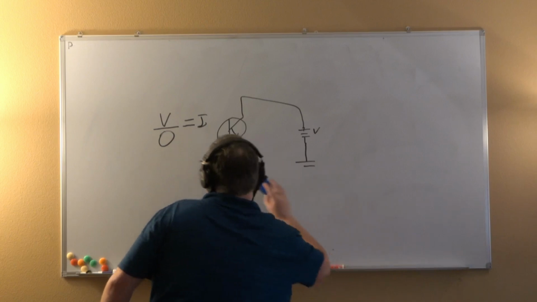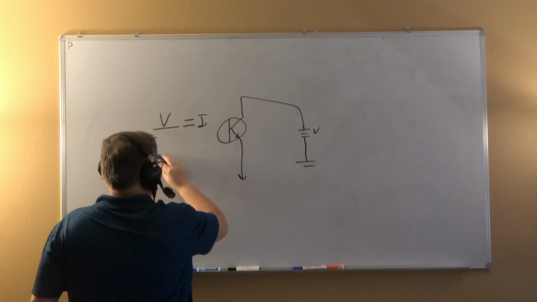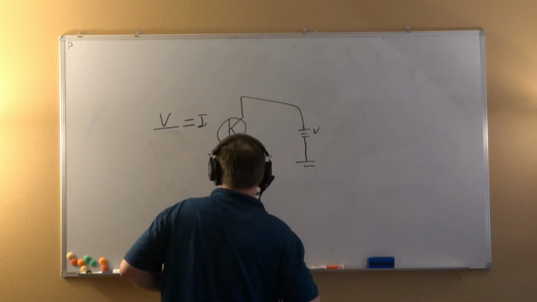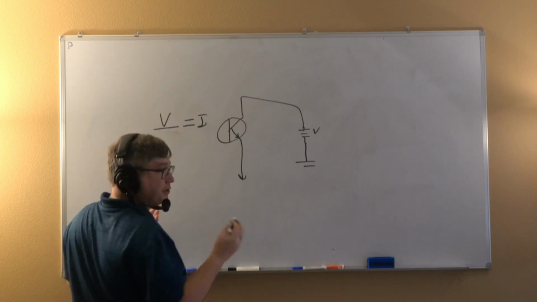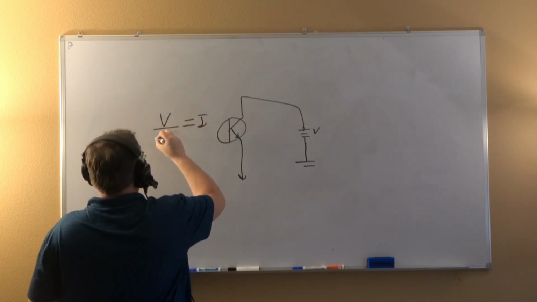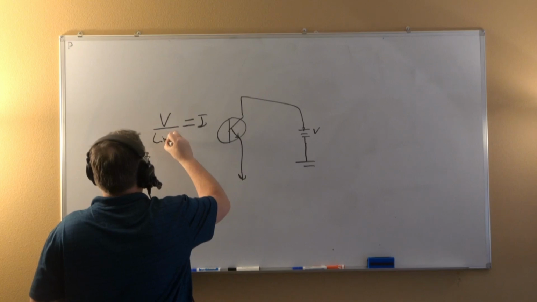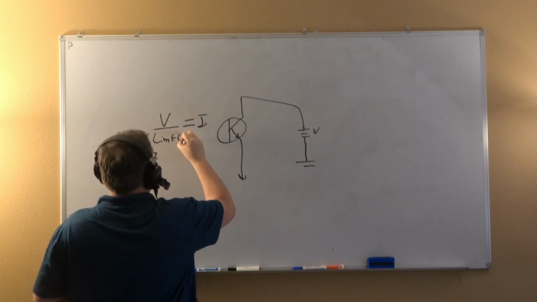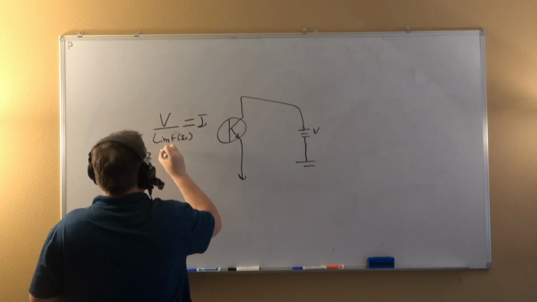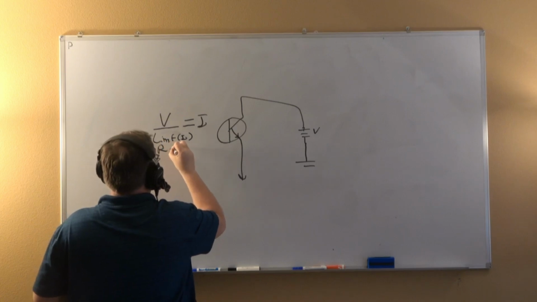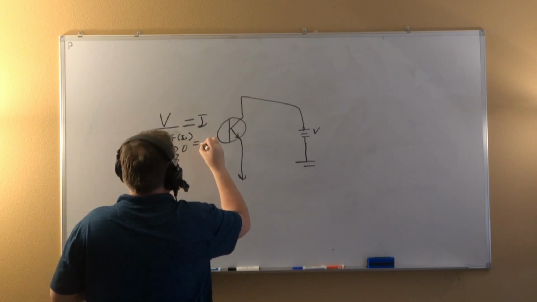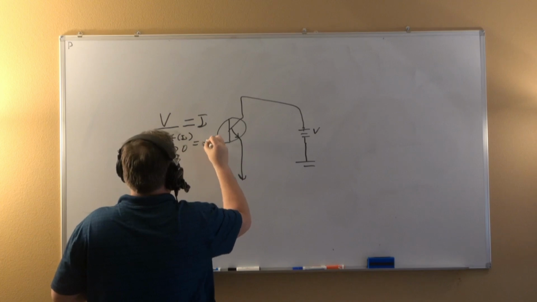What it is, and I don't care if it could be a power plant, but any type of electrical system, it's V over R, the limit of the function of I as R goes to 0 equals infinity.